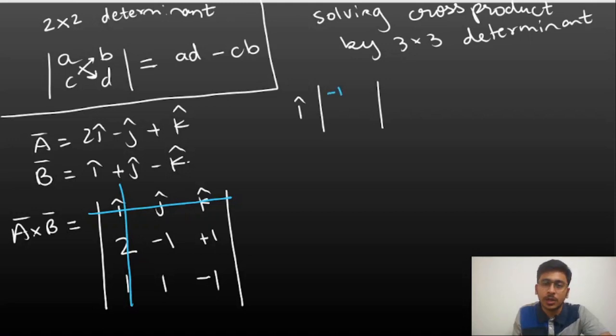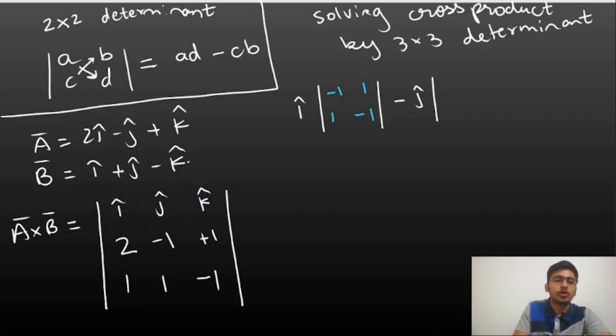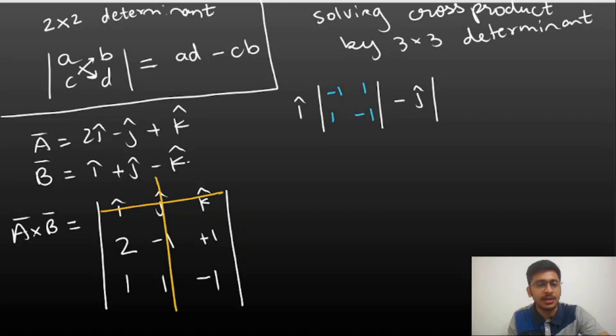Then you have to write minus j cap, compulsory. The same thing we did with i cap, you do with j cap: hide j cap's row and column, and whatever is left, I write down here: 2, 1, 1, minus 1.